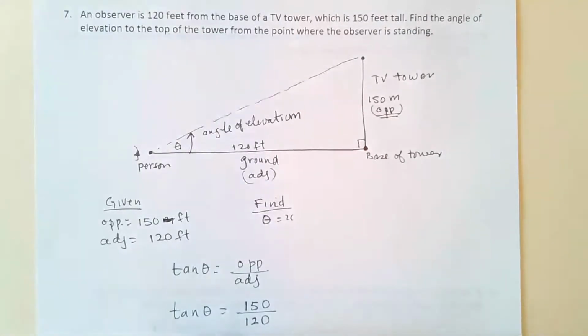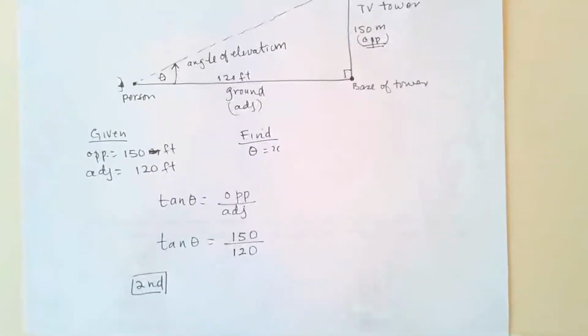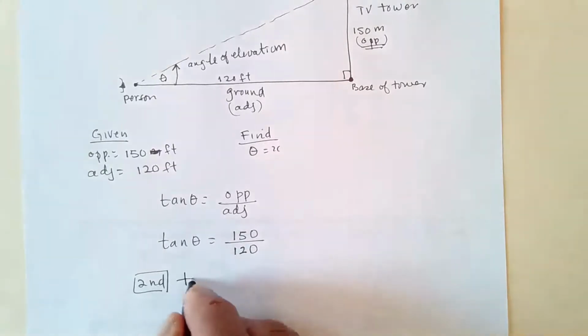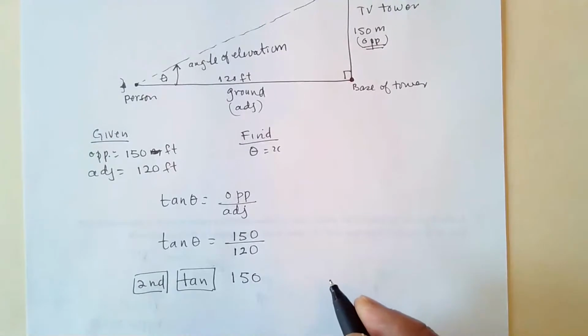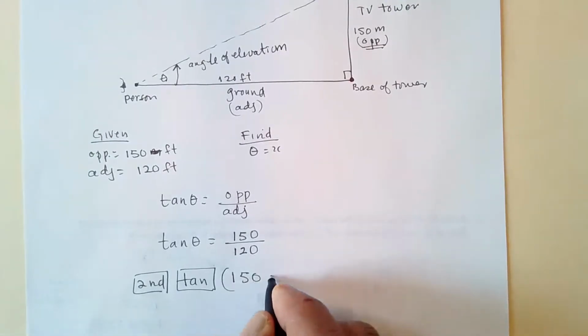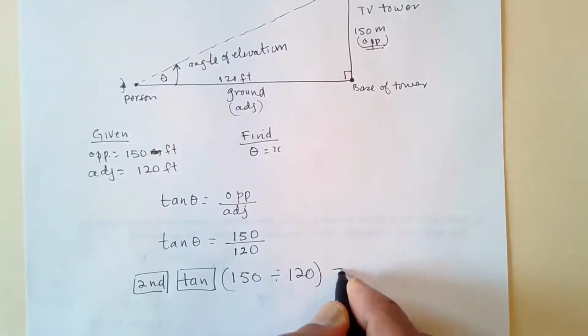So we have to use our second tan: second tan of 150 divided by 120 equals.